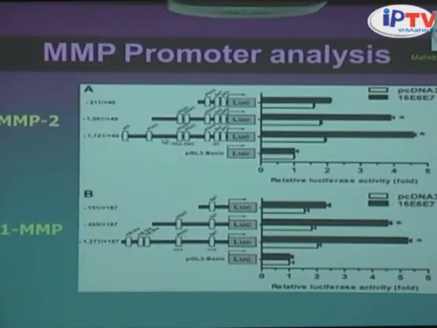Same as in MMP2, with the long construct of about 1,700 bp, you see more than 2 times activation. But when you delete the upstream binding sites here, you see a very small effect. But when you remove the double sites of PEA3, then you see a significant effect.